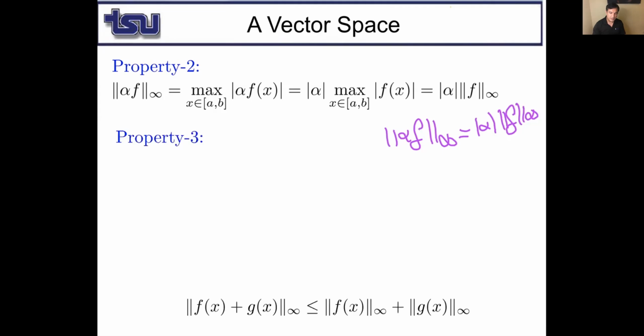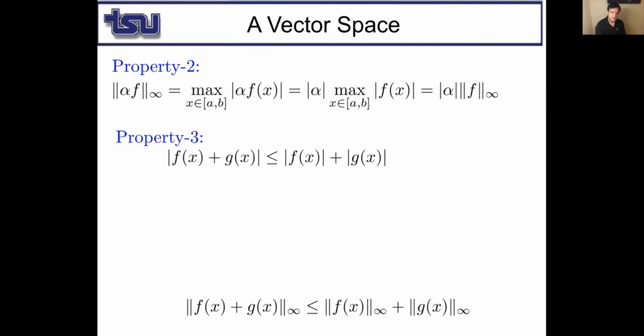The third property may be a little tricky. In the third one, we are supposed to show that if we have two functions and we add them up, the infinity norm must be less than or equal to the sum of the infinity norms of the individual functions. So what do we know? If you fix x and take f(x) plus g(x), we clearly know that |f(x) + g(x)| must be less than or equal to |f(x)| + |g(x)|.